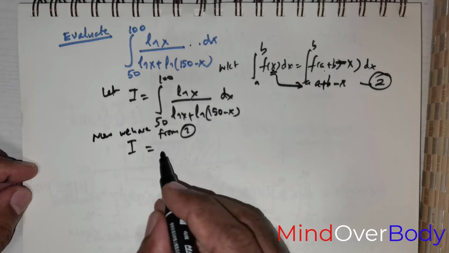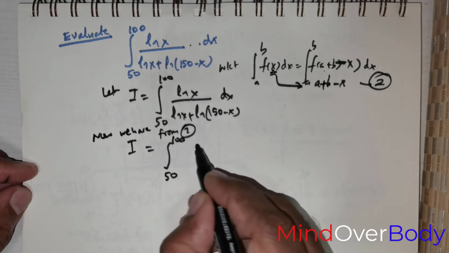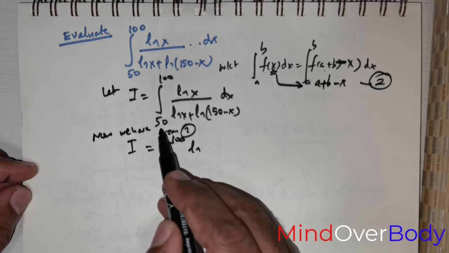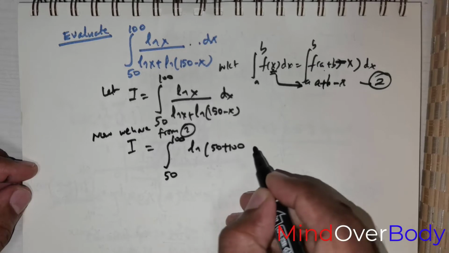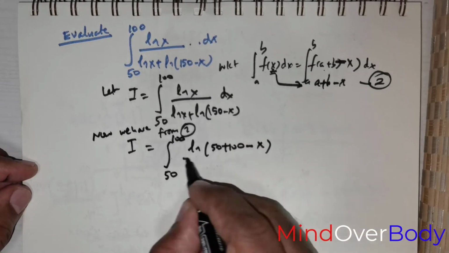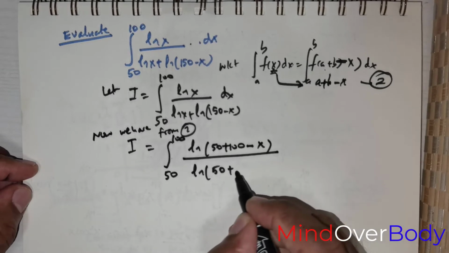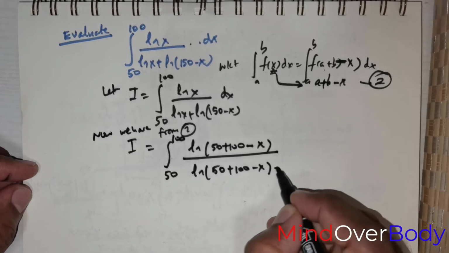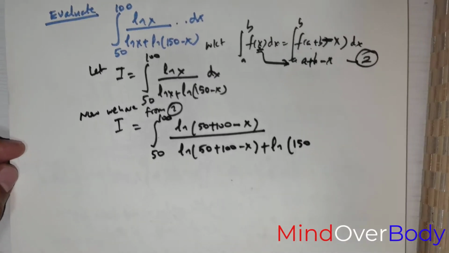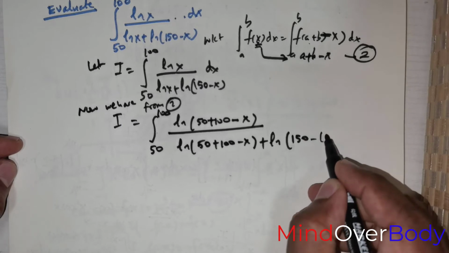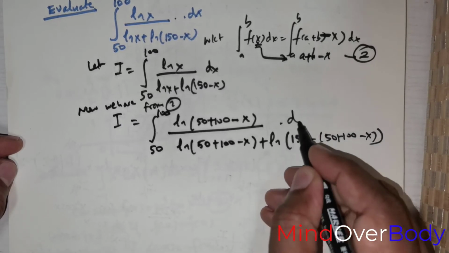So I would be equal to the integral from 50 to 100 of ln(a + b − x), so 50 + 100 − x, divided by ln(50 + 100 − x) + ln of, in place of x, I would be substituting 50 + 100 − x, dx.